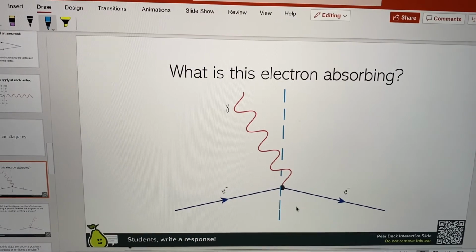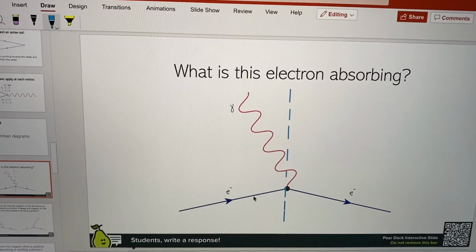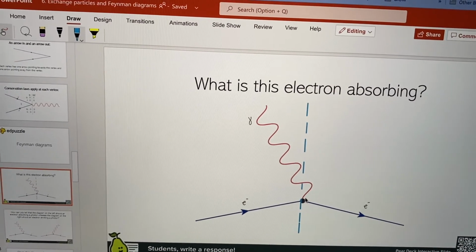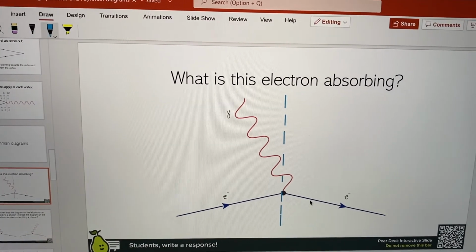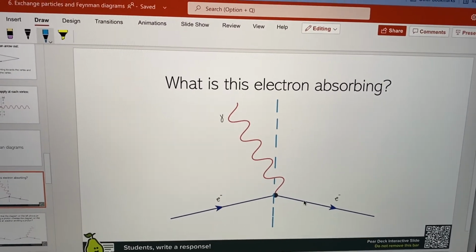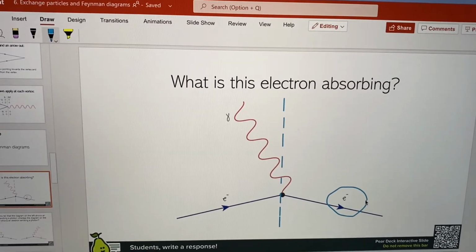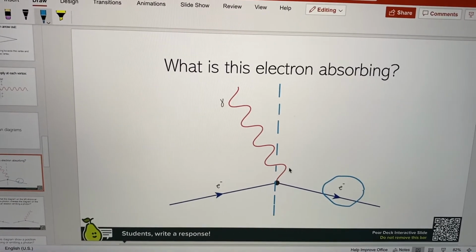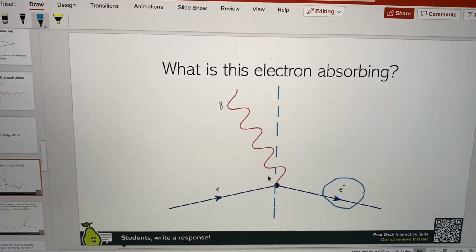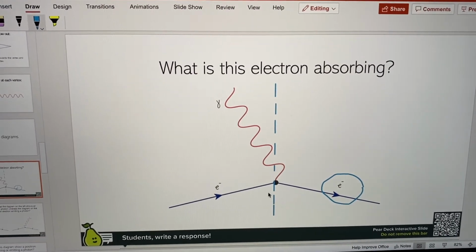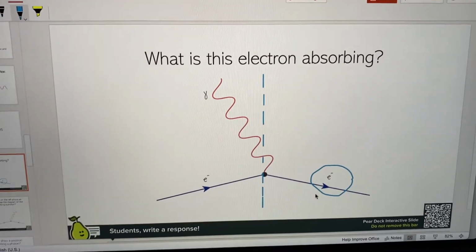So I have an electron absorbing a photon. That just causes the electron to move off in a higher energy state. So this on this side is still an electron, and it's just a higher energy state electron now because it has absorbed energy from this photon. We can see that the photon no longer exists after this point in time, so it must have absorbed that energy.